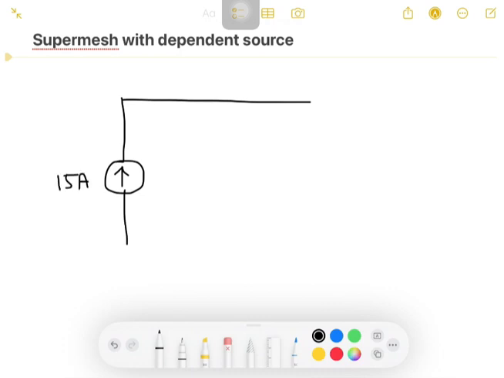Then I have a resistor in series with a dependent current source. It is a voltage dependent, so that it will be Vx by 9. It's a voltage dependent current source. Once again, it is in series with one more resistor.